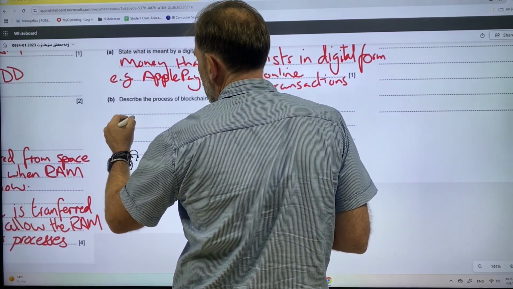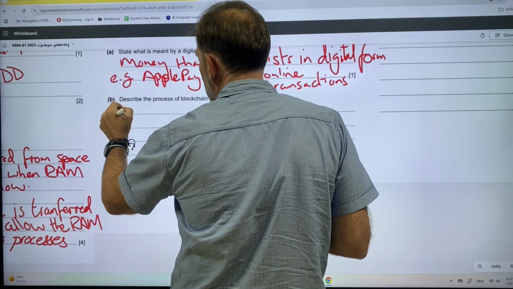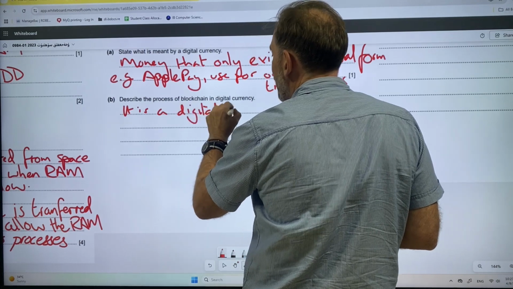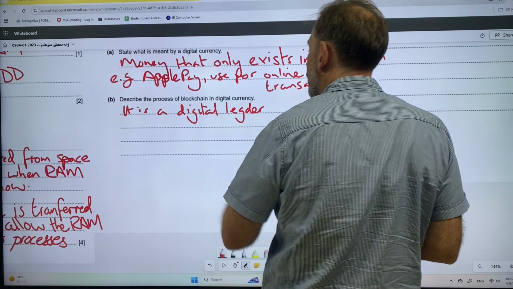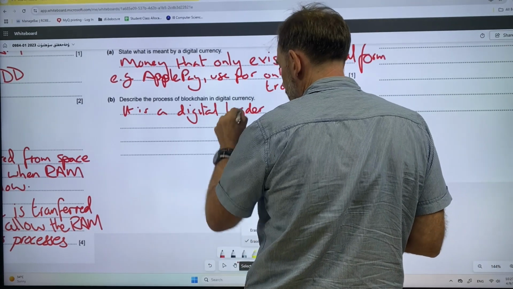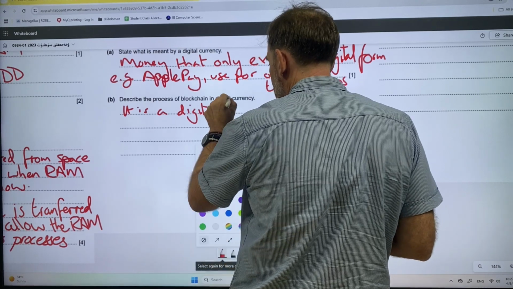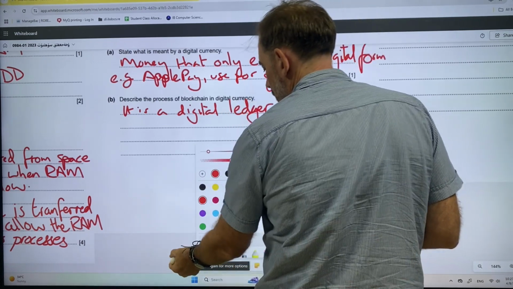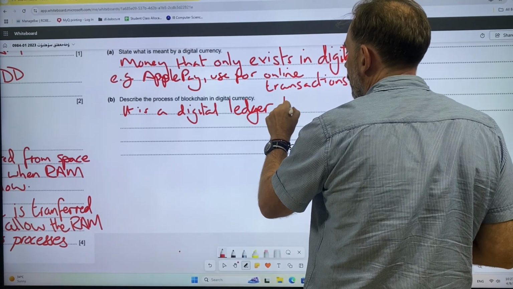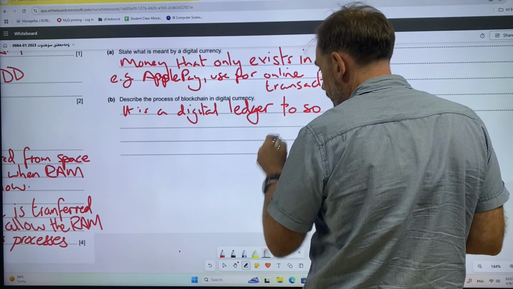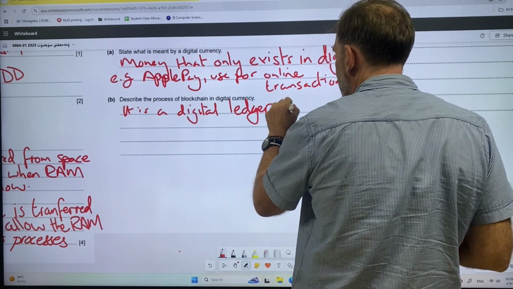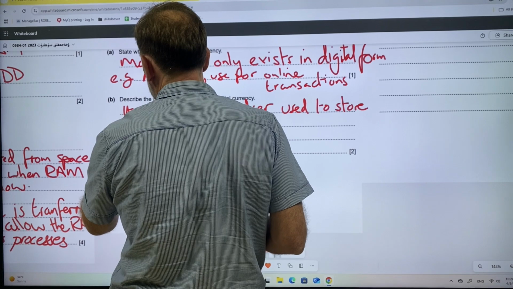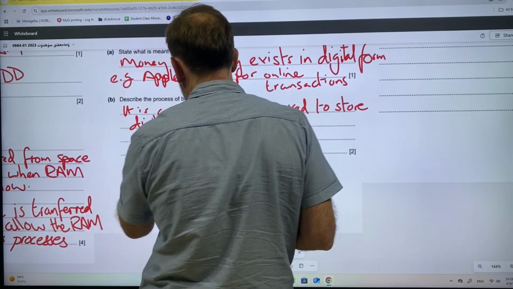So it is a digital ledger used to store digital transactions.